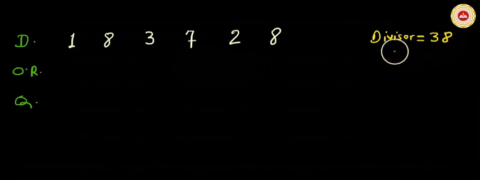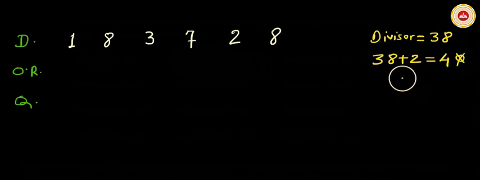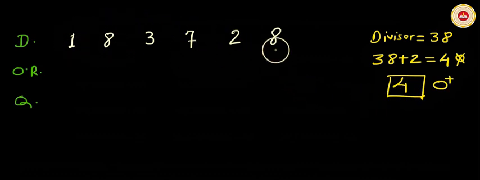So let us calculate the positive osculator. Write 38, add 2, you get 40. Now neglect this 0 and write 4. This 4 is the positive osculator, and let us osculate the given number by the positive osculator 4.